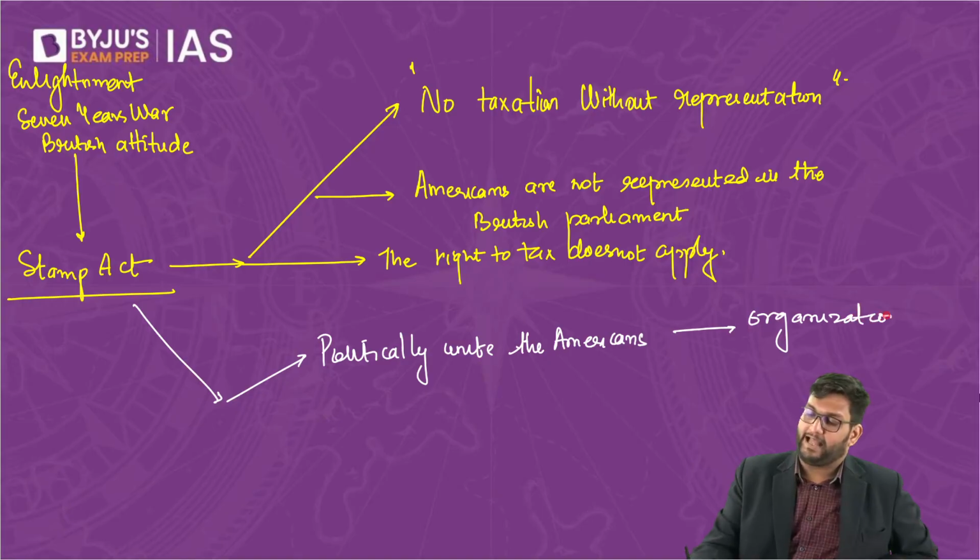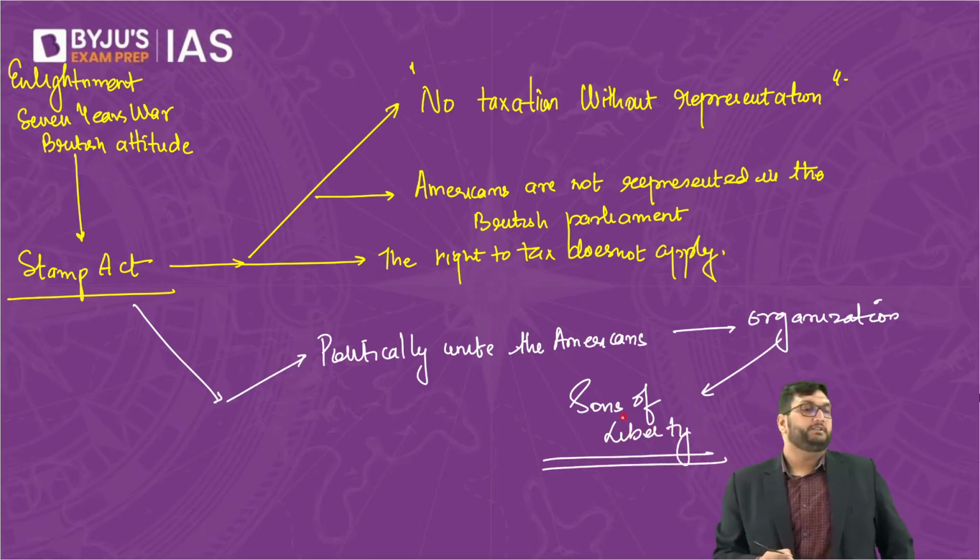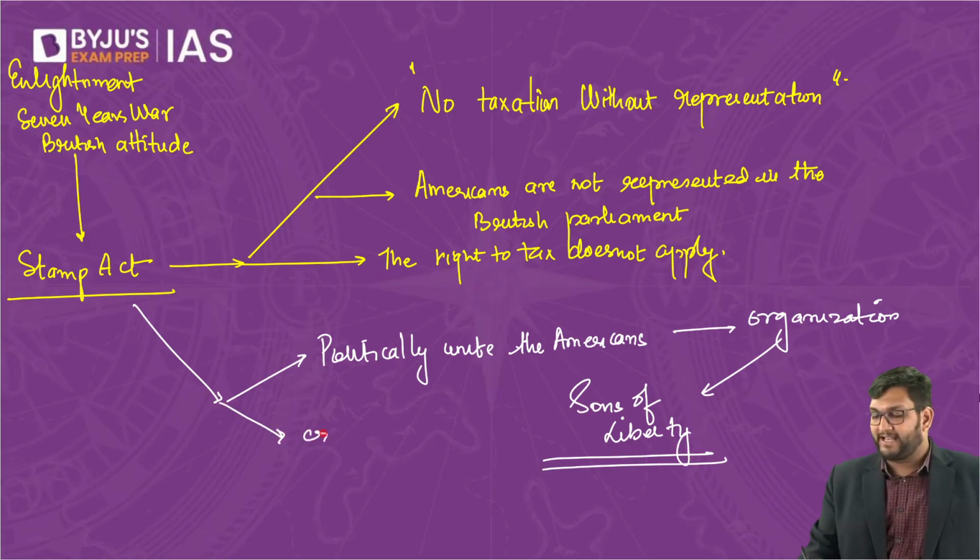Think of it like the INC of America. They're called the Sons of Liberty. Ironical name, but Sons of Liberty. And there will also be a crystallization of American identity.